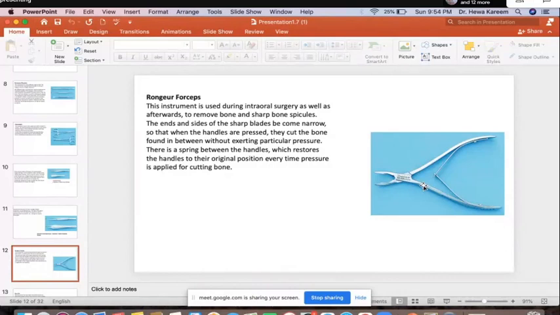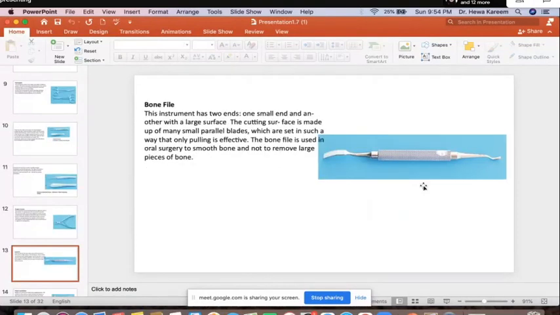Bone rongeur is just for removing sharp areas. This is bone file for smoothing the bone. Bone file.